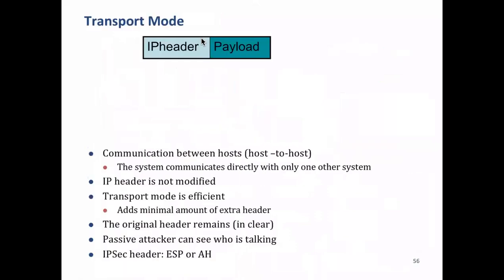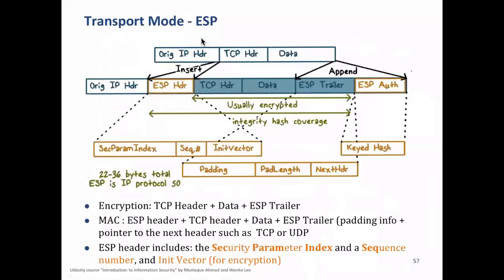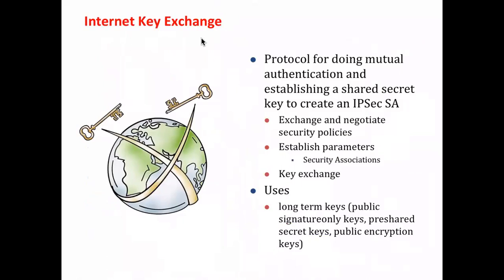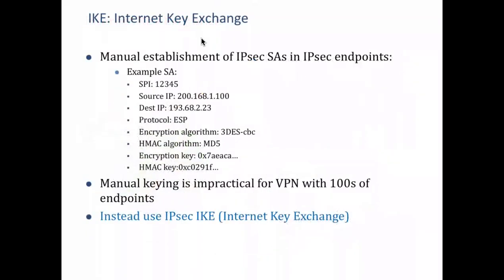So what we have studied is the ESP method. Similarly, we have the transport method, which of course you can go through if you want. And then we have Internet Key Exchange. I will stop here right now. In the next class, we'll discuss in brief what we have covered, and then look at the Internet Key Exchange protocol, which is quite simple.